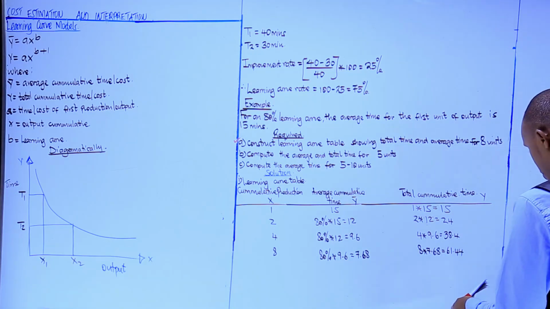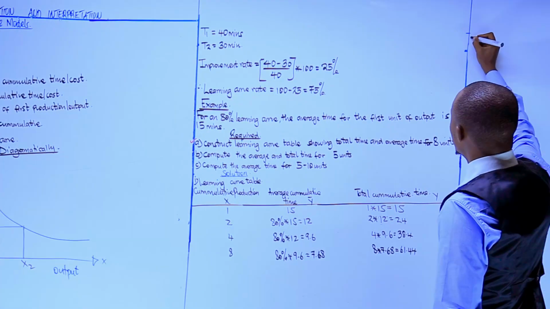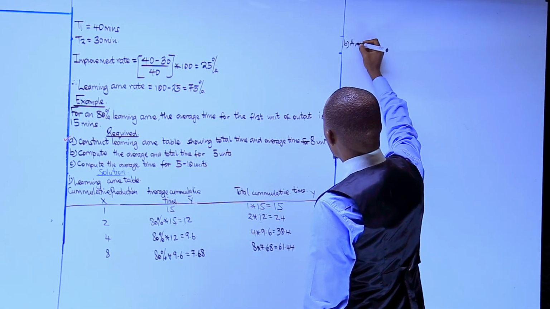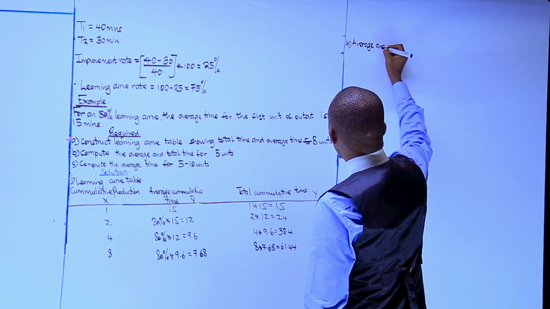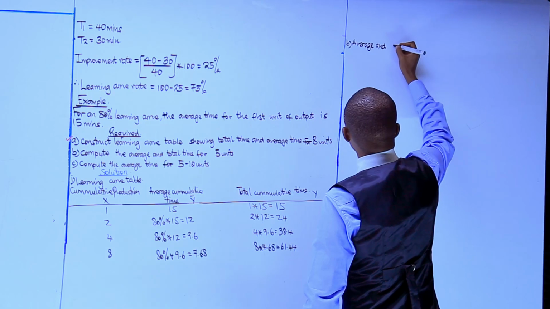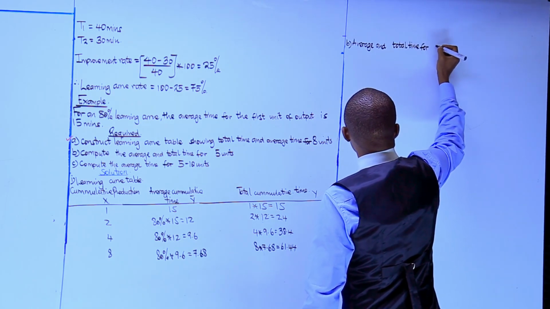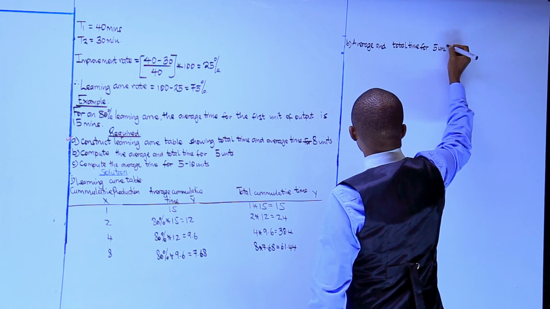The second part of that question, part B, we want to get our average and total time for the first 5 units.